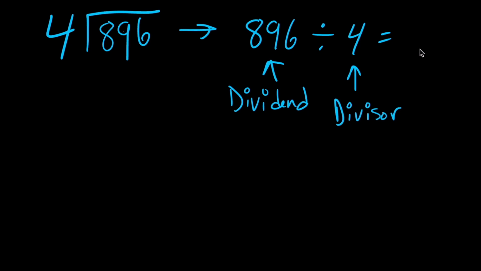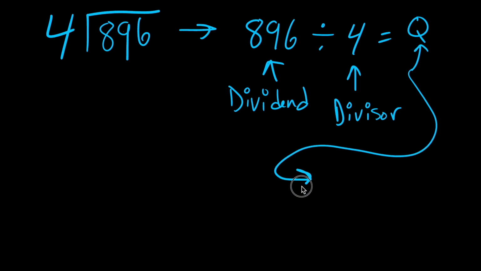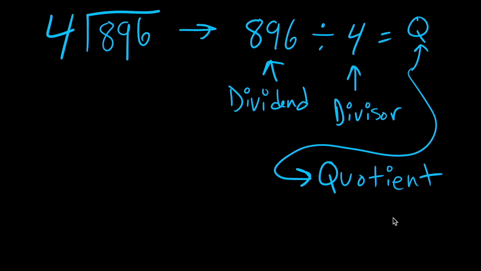And then the answer will be your quotient. Your quotient, that is your answer. Let's begin by solving 896 divided by 4.